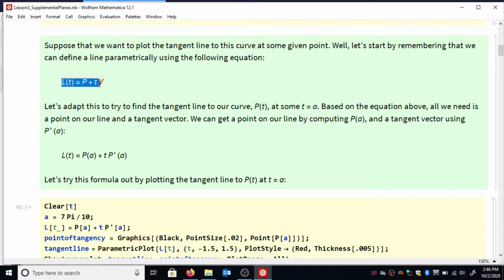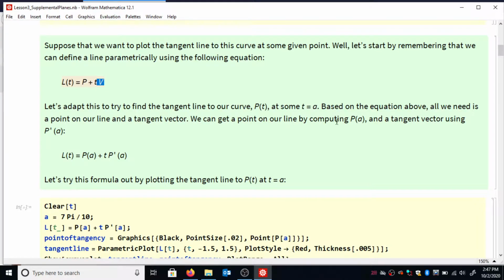Well, I could take this equation and try to adapt it to this whole tangent line idea to a curve. So we have our curve p of t, and we want to have a tangent line that is intersecting the curve at some t equals a. As long as I could find a starting point, and as long as I could find a slope vector, I'm good to go.